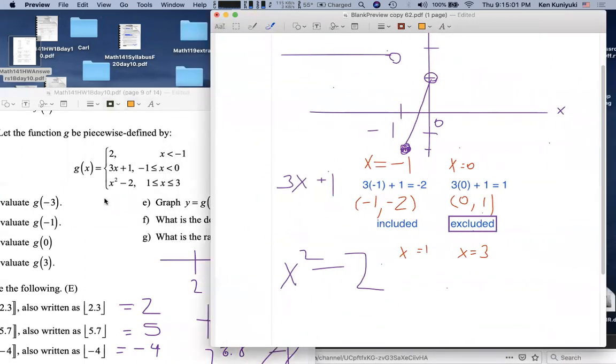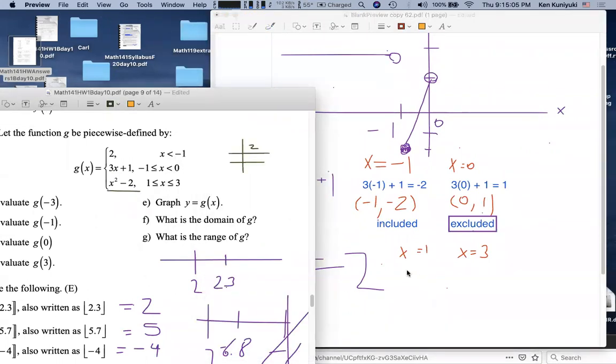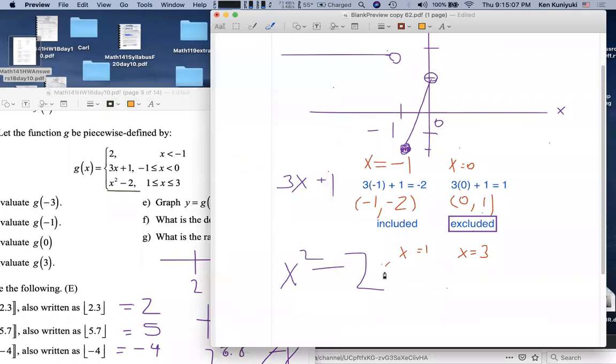Okay, so you're plugging into x squared minus 2. 1 minus 2 is negative 1.